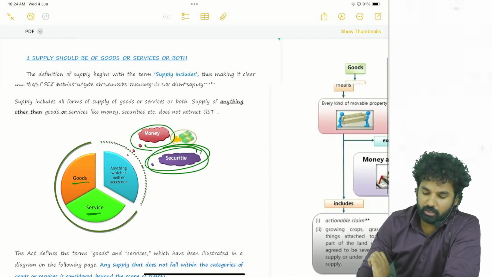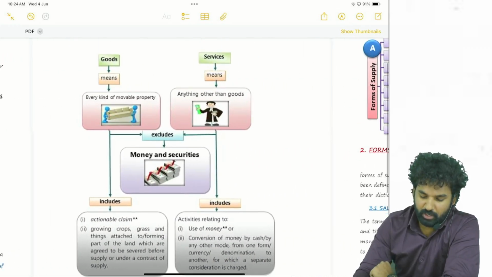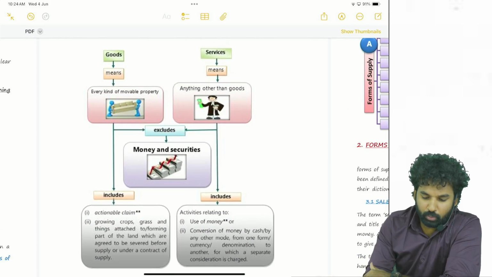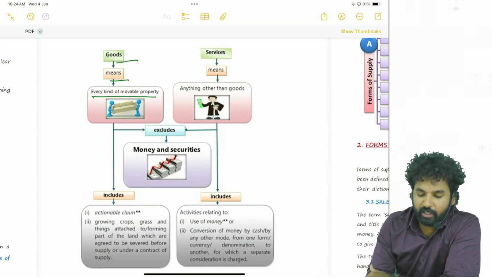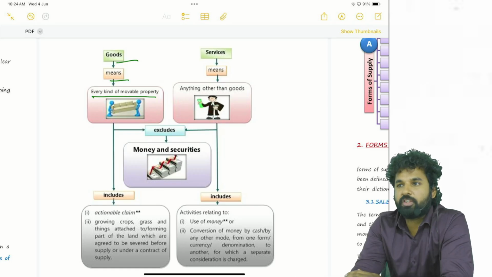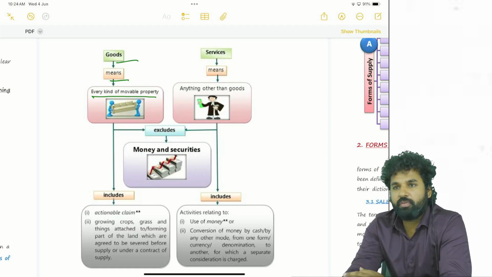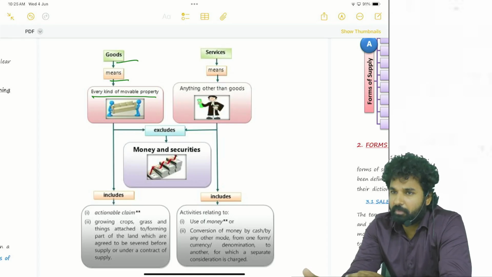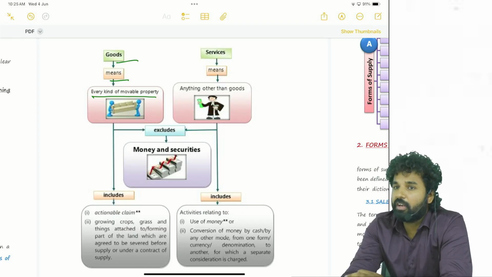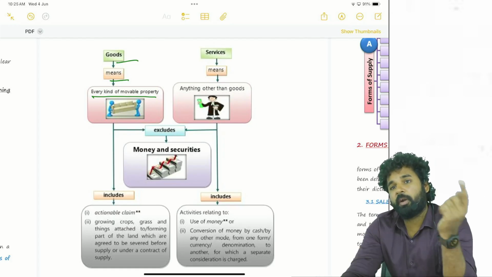Then what is goods and what is service? See here, goods means any kind of movable property. So if it is land, it will not come under the definition of goods. If it is a building, it will not come under the definition of goods. Movable property only, whether it may be future property also.